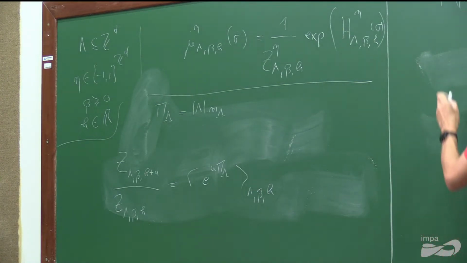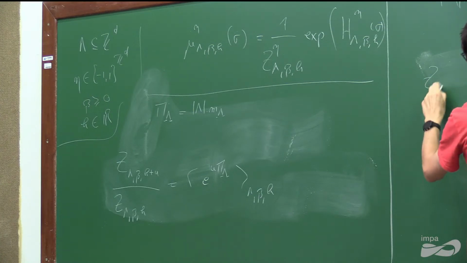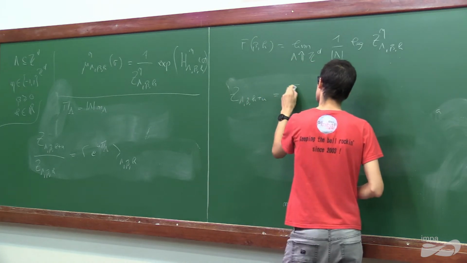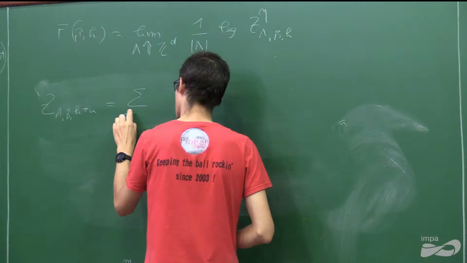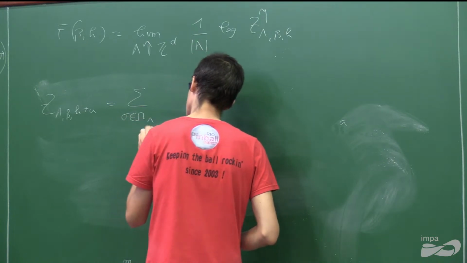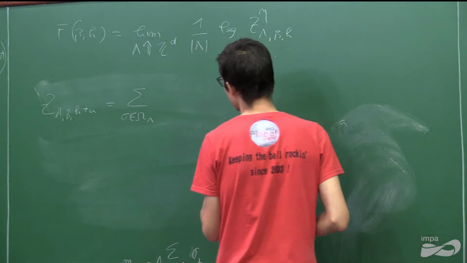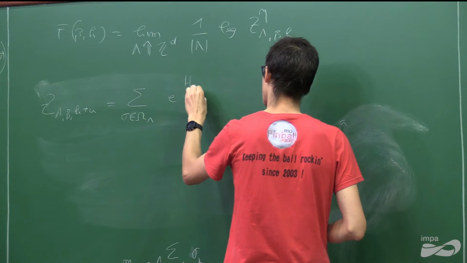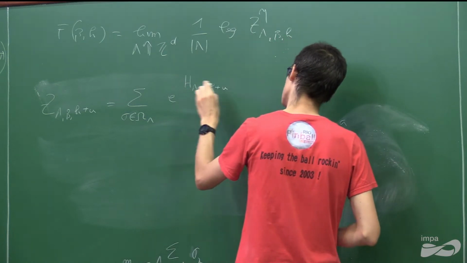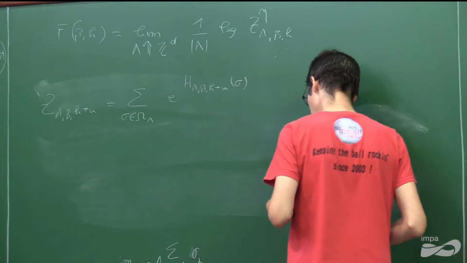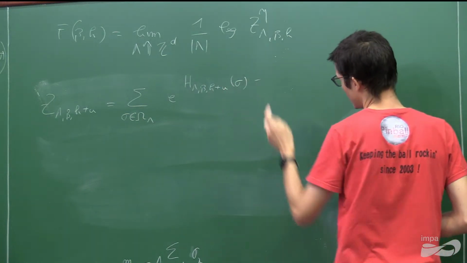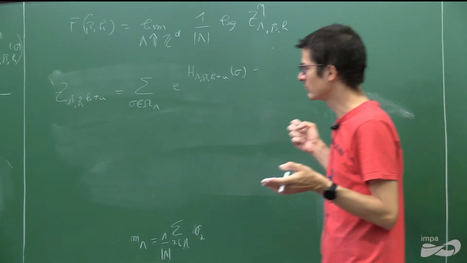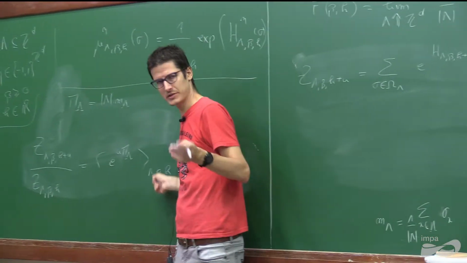When you write Z lambda beta, h plus u, it's a sum over sigma in omega lambda of exponential of minus the Hamiltonian with h plus u. I want to make the Hamiltonian with h appear, because I want to write it as an average over this measure.